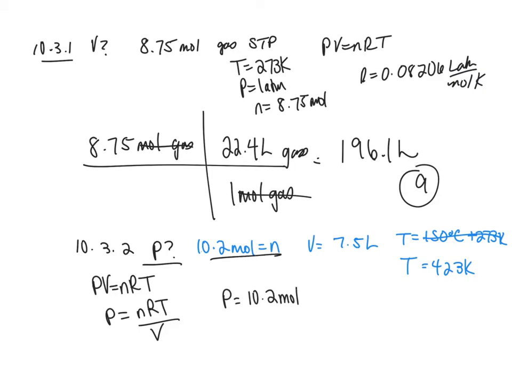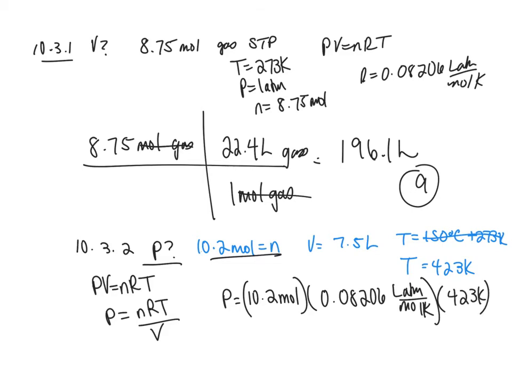P equals 10.2 mole, and for full credit you need to show your units. R is 0.08206 liters atmosphere per mole Kelvin, and I want to see these units written with the numbers. That is on your periodic table, so you don't have to memorize it. Temperature is 423 Kelvin, and then you divide by the volume, which is 7.5 liters.